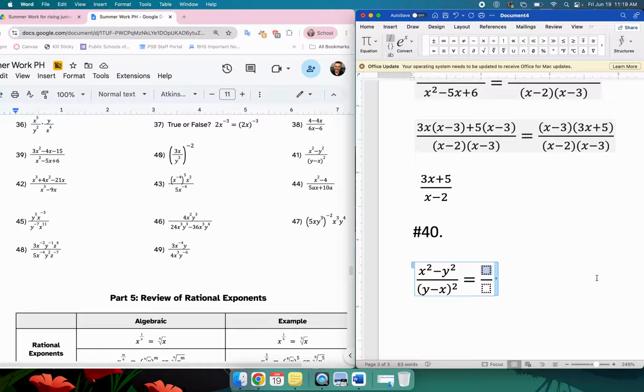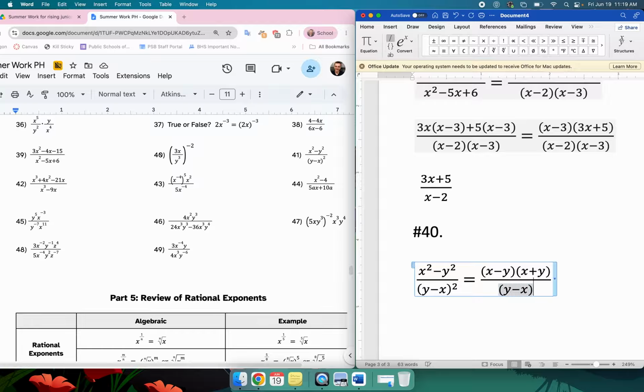In general, that factors as a product of a sum and a difference. This is something you should sort of just memorize. x squared minus y squared factors as x minus y times x plus y. The denominator is y minus x squared. This is sort of a tricky problem.